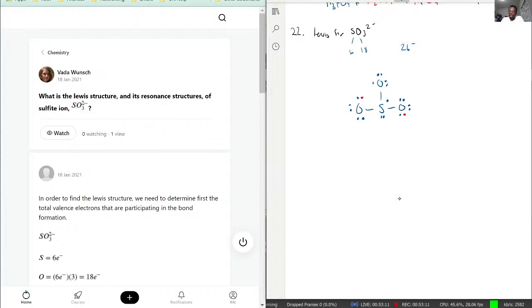So the Lewis structure for this will be S. And remember that sulfur does break the octet rule, but it also doesn't have to, and I'll show you what I mean after this. So we have, as a possible resonance structure, 1, 2, 3, this is a possible resonance structure.